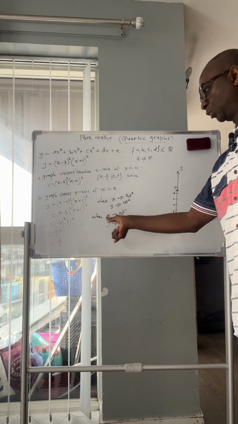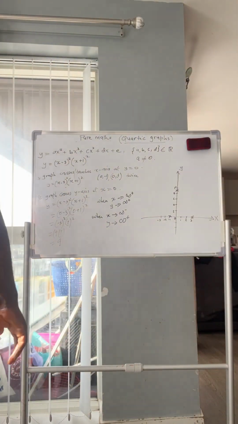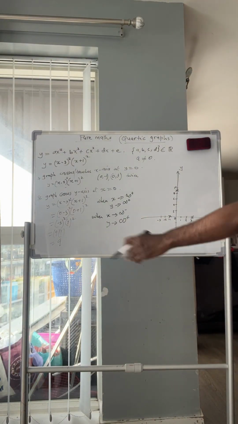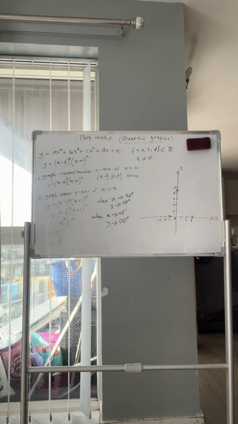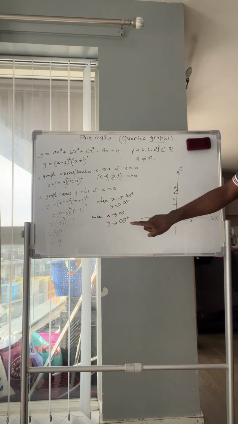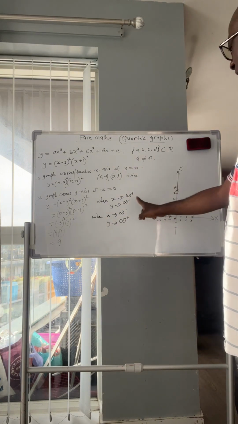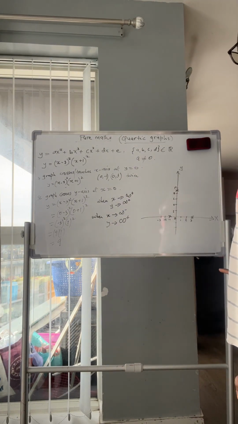Then we come to look at the last condition, at the behavior of the graph from one extreme to the other extreme, from minus infinity to plus infinity. So we stated that when x goes to plus infinity, y goes to plus infinity.